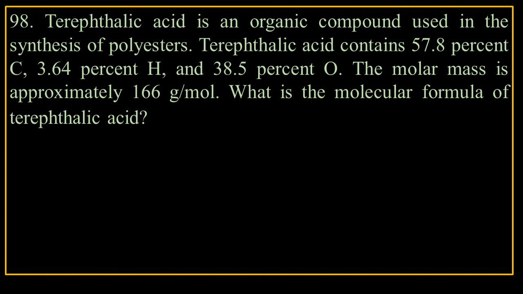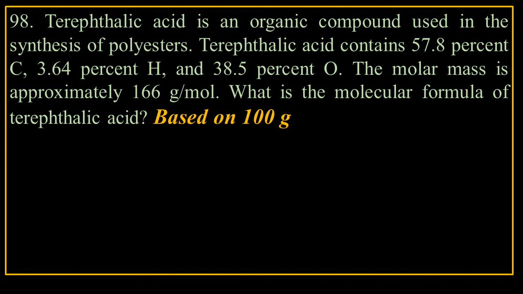Terephthalic acid is an organic compound used in the synthesis of polyesters. Terephthalic acid contains 57.8% carbon, 3.64% hydrogen, and 38.5% oxygen. The molar mass is approximately 166 grams per mole. What is the molecular formula of terephthalic acid based on 100 grams?